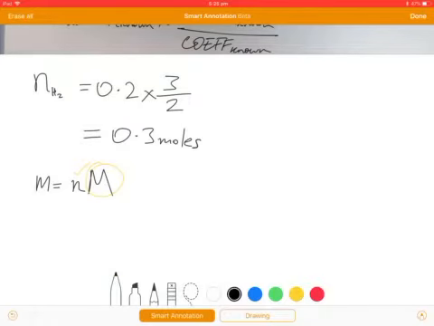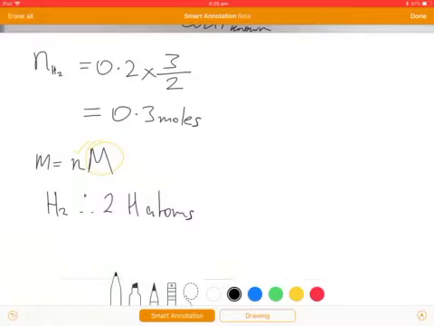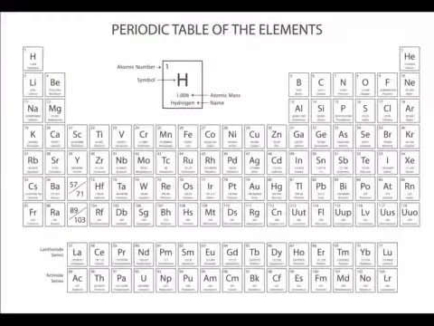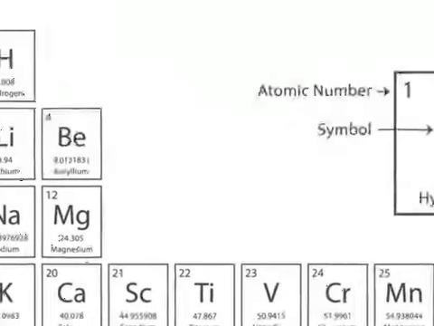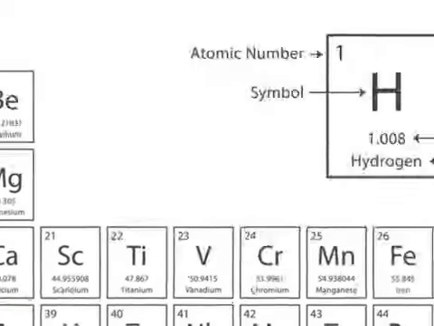Flicking back to our periodic table, the formula is H2. Therefore we have 2 H atoms, so our molar mass equals 2 times 1.008, you can see in the top left corner there.